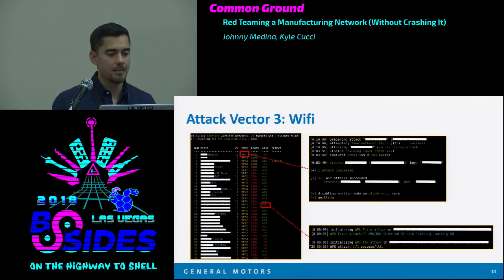Within manufacturing environments, manufacturing is on average about 10 years behind. That's what most of the research says of the normal security cycle. So as an example of that, within this Wi-Fi, you see WEP, you see WPS being used. In most organizations, IT offices, that's not common. You're not connected to WEP. You're not still seeing that being used.